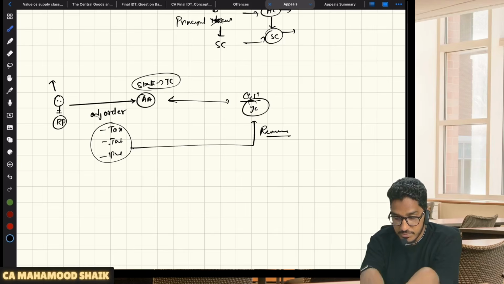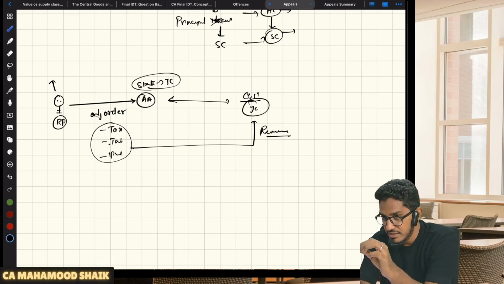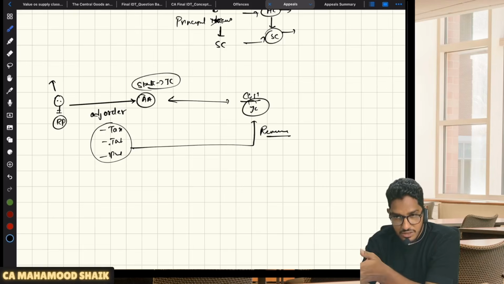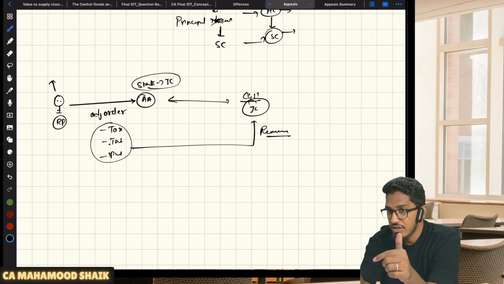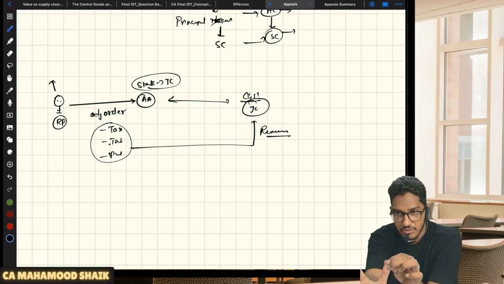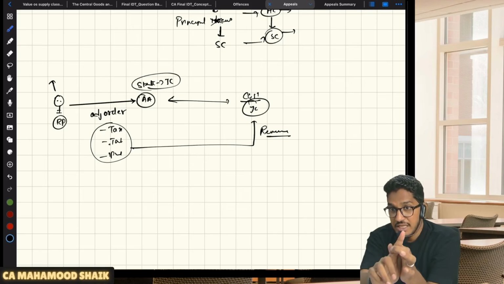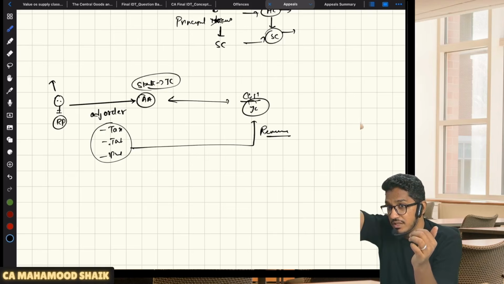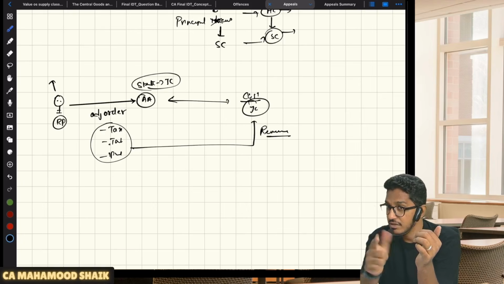These proceedings we call revision proceedings. Once the revisional authority has taken up the adjudicating order for revision, either they can confirm, okay, this order is fine, or they can modify. When I say modify, they can enhance or decrease the recoverability. Or they can even annul that judgment.